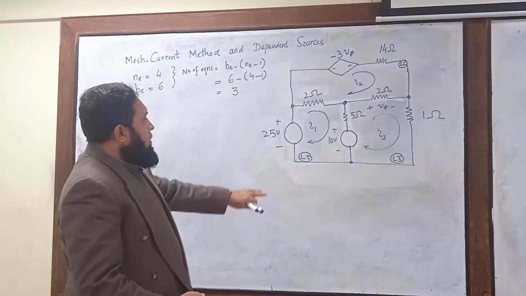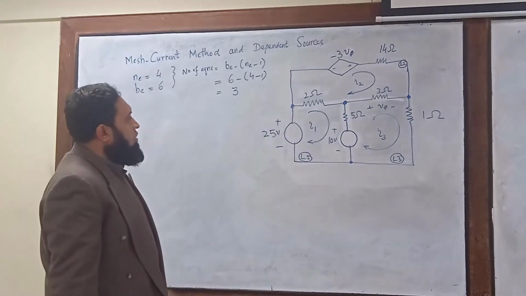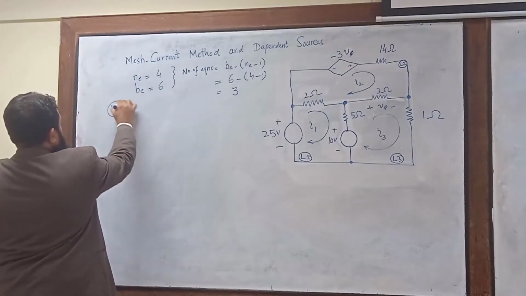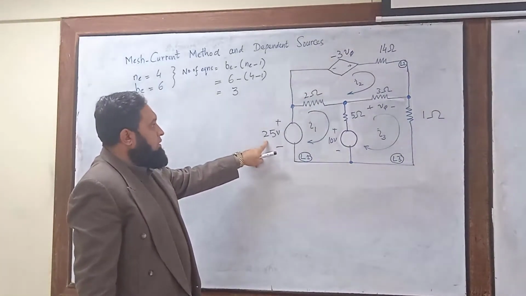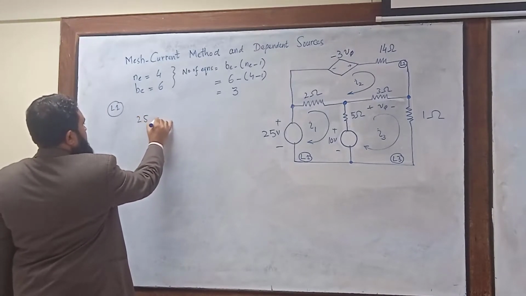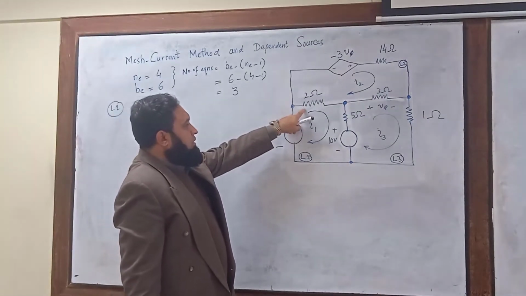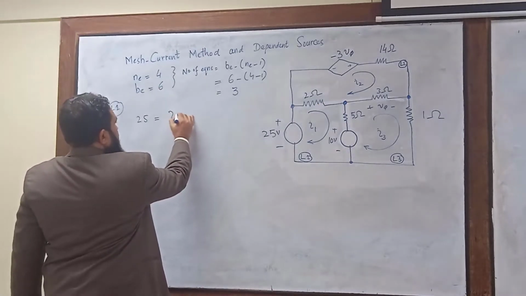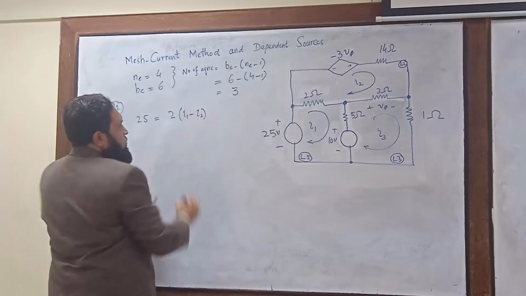Now start writing the equation for loop number 1. We have 25 volt as the voltage rise. The current flowing through this 2 ohm resistance is I1 minus I2, so 2 times (I1 minus I2).